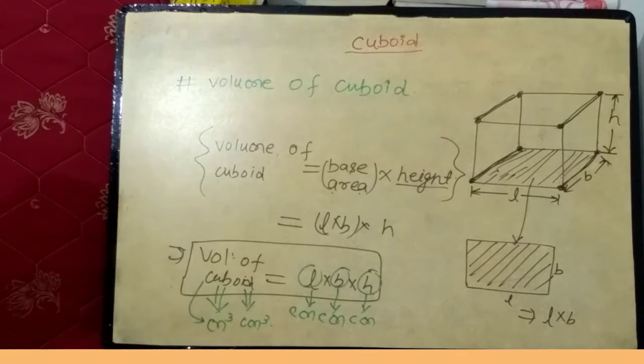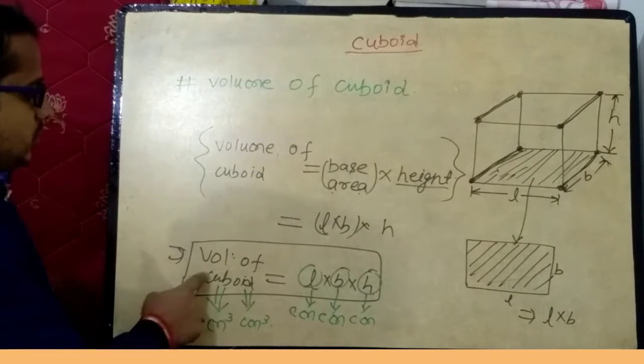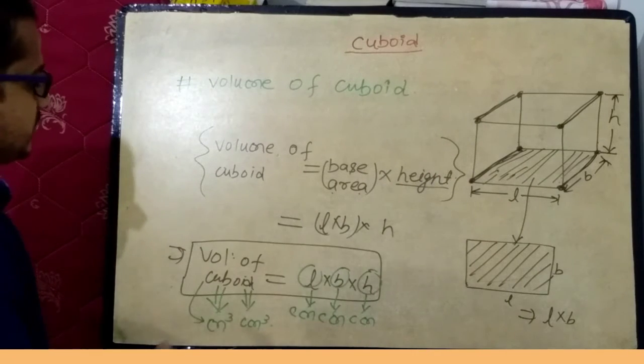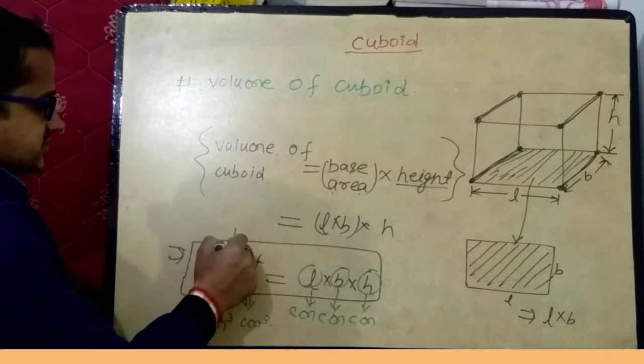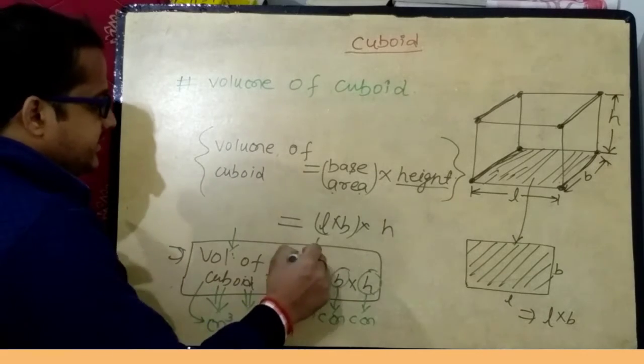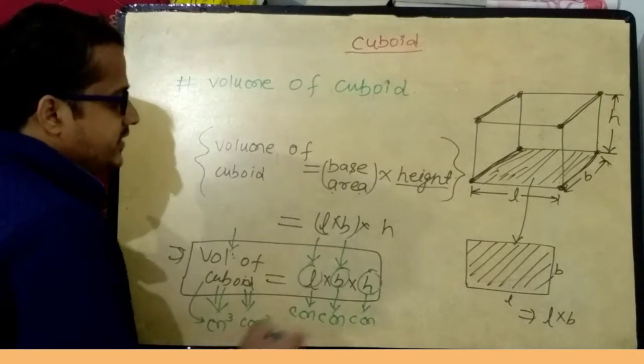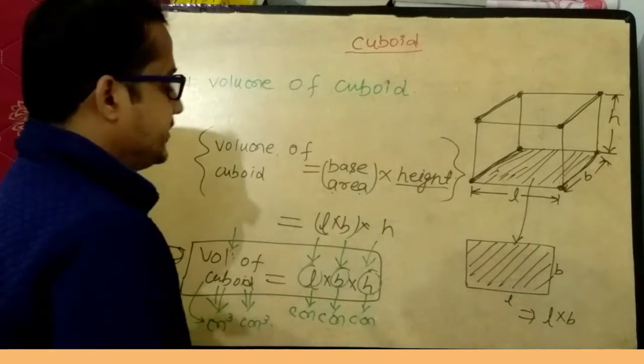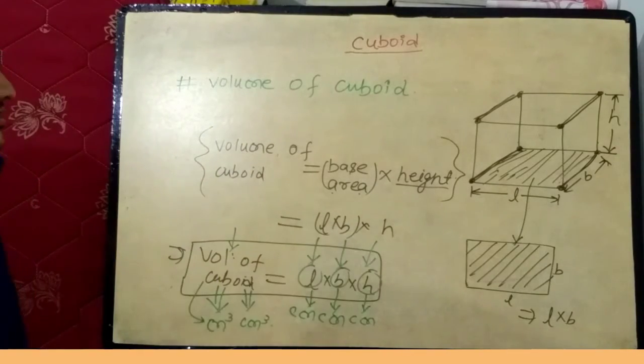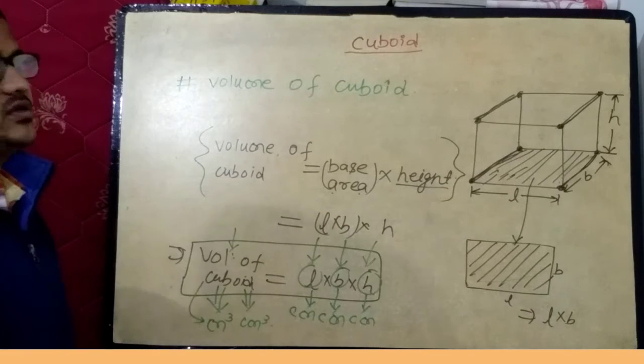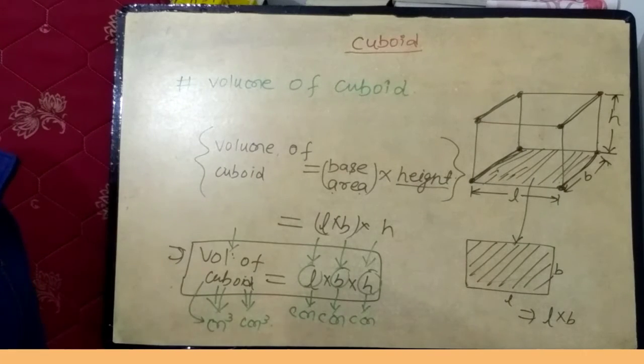Next, in this formula, volume of cuboid, there are total 4 variables. First is volume of cuboid, second is length, third is breadth and fourth is height. Out of these 4 variables, if I am providing you any 3 variables, then you can easily calculate the rest.